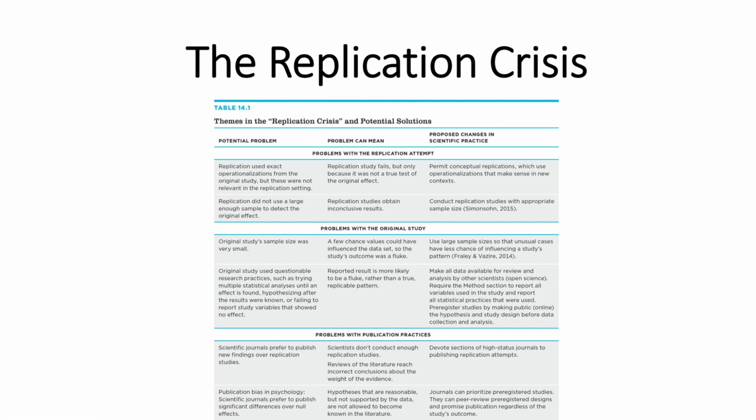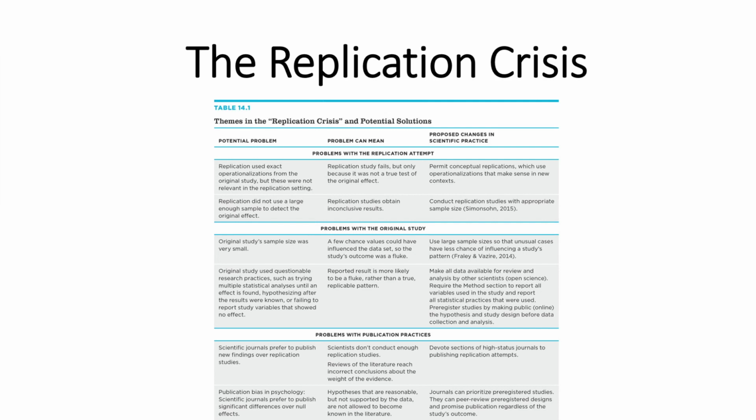So if the original study used 400 undergraduate students, but the replication only used 20, maybe you didn't have a large enough sample size to find the effect. So you concluded null results simply because you didn't have a large enough sample size to detect the effect. Again, some critical thinking and evaluating the design of that replication can help you with that.